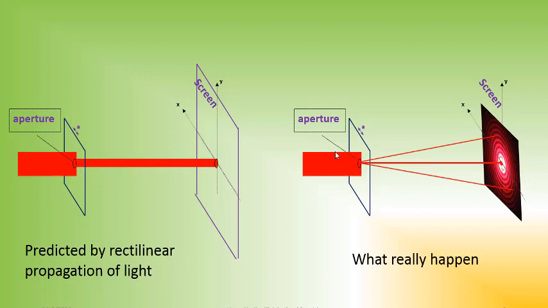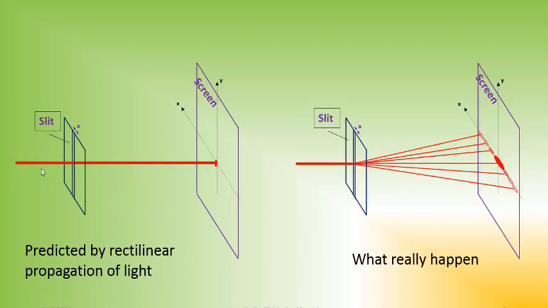But what really happens is that we have on the screen circular rings, one bright, the next dark, so alternatingly bright and dark rings. So light, as before, is no longer in a rectilinear path. Look at this one. The light deviates to reach a larger area, a point farther away than the distance we predicted.